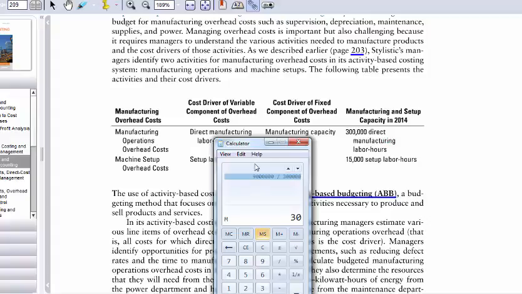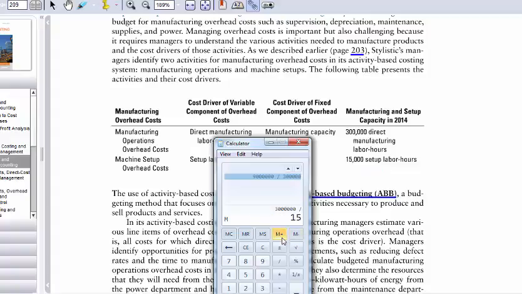Same calculation regarding the $3 million in machine setup. Again, we're doing activity-based budgeting. We're going to take the $3 million and divide it by 15,000 setup labor hours.